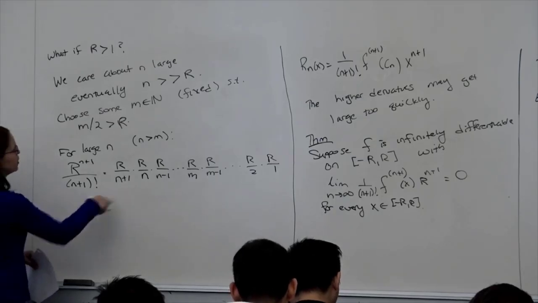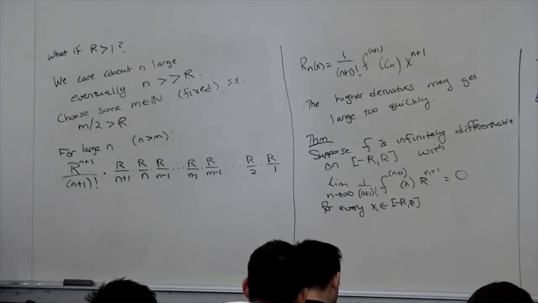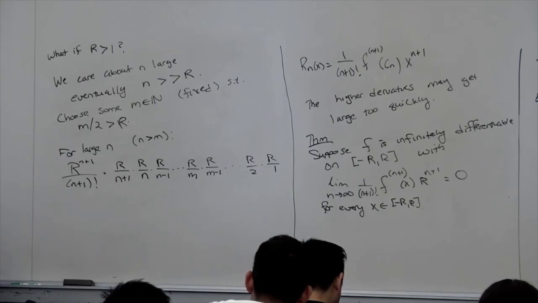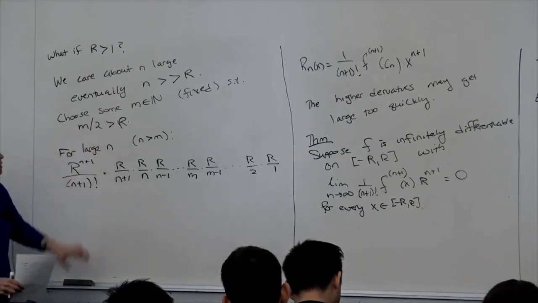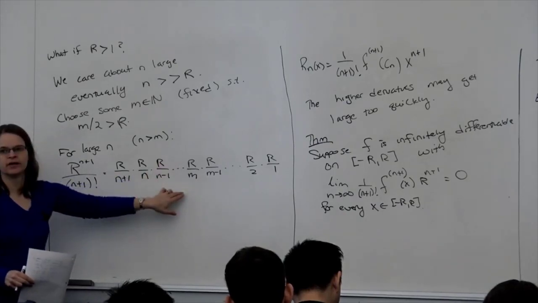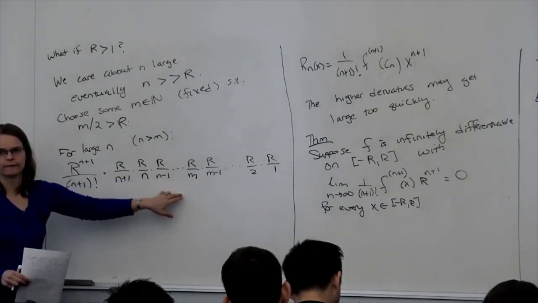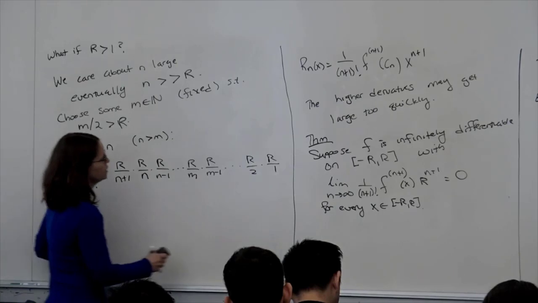What's going to be interesting over here is that, well, if r is less than m over 2, r is less than the denominator over 2 for all of these terms.